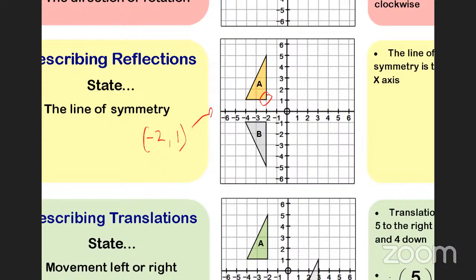When you reflect in the x-axis, it becomes the same x value and the y value changes sign. Write it down if you never heard it before. It's not in the summary.